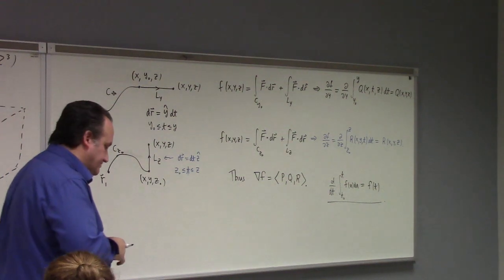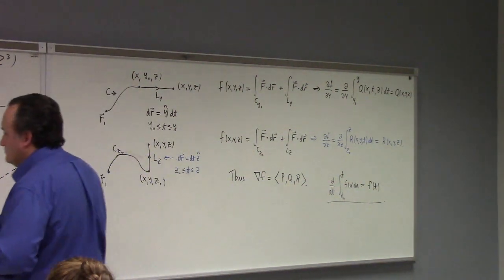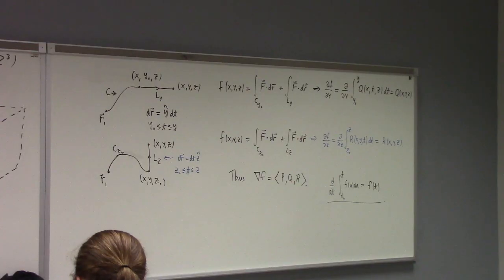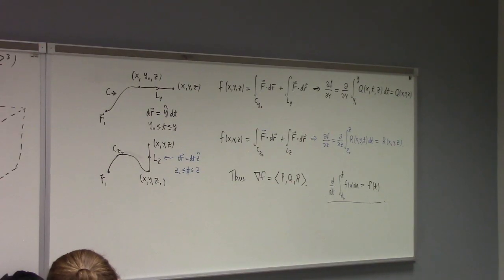Can you remind us what path independent means? For vector F to be path independent means that the integrals along coterminal paths are equal.